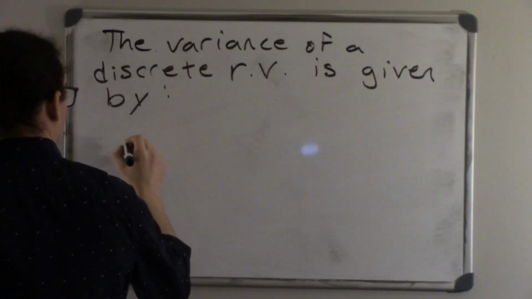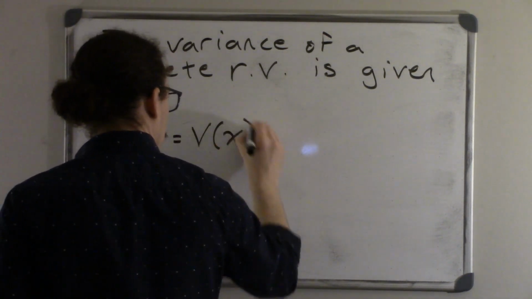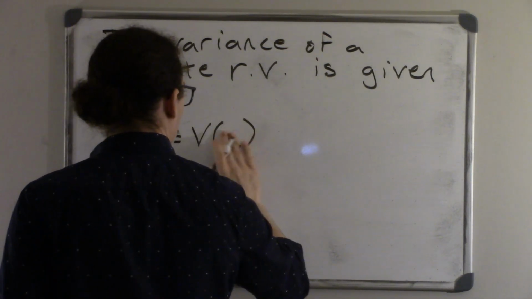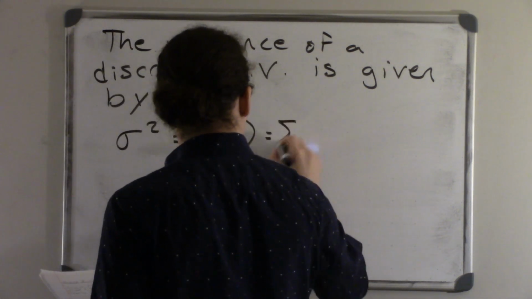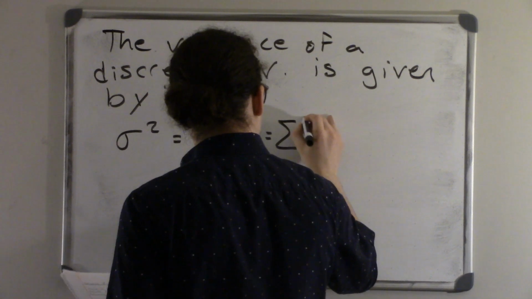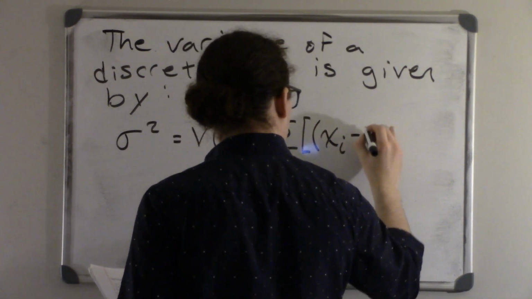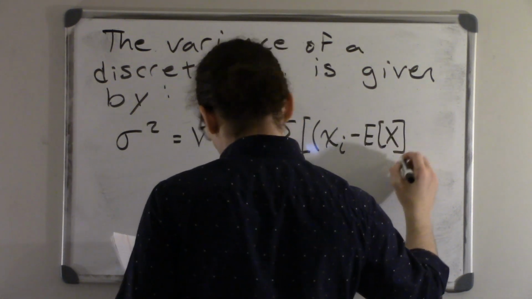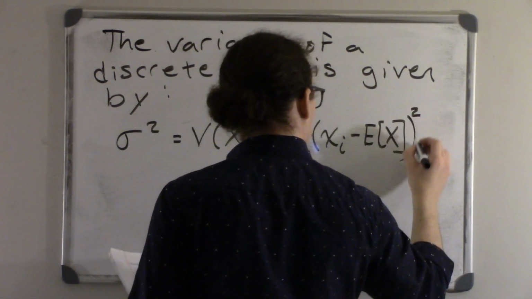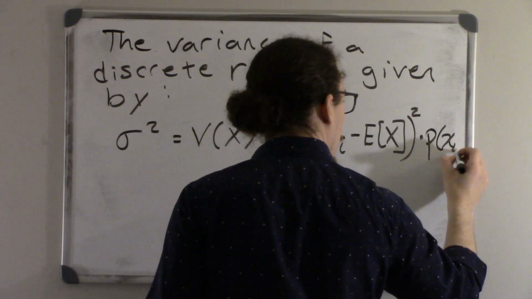The variance is equal to the sum of xi minus the expected value of x, squared, times the probability of xi.